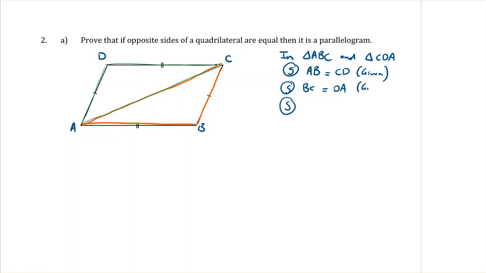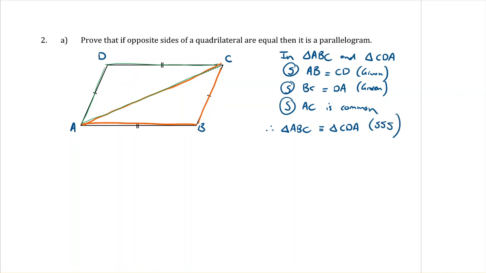That was also given to us on the diagram. And the third side is AC is common, or is a common side. Therefore, triangle ABC is congruent to triangle CDA. Make sure the vertices match because of SSS.